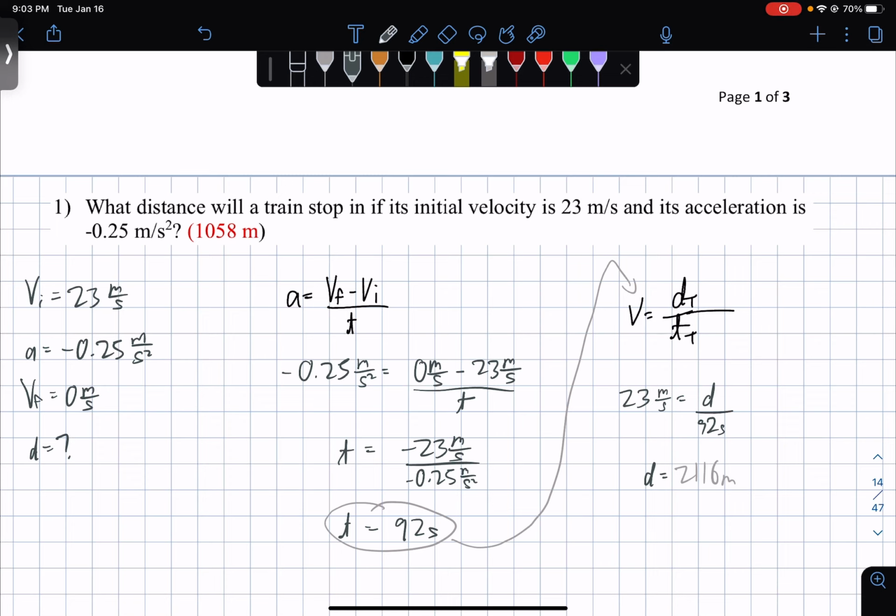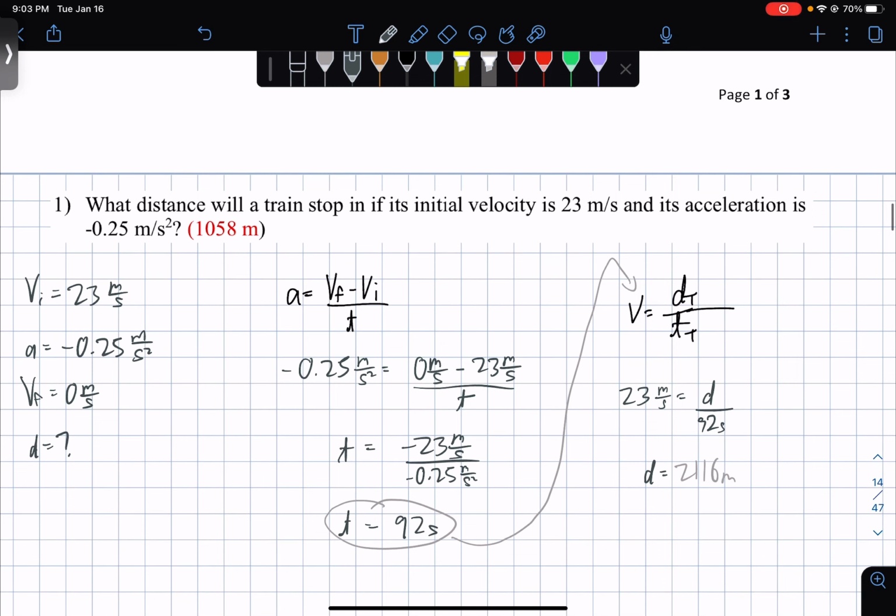Feel free to skip this part. I'll just figure out what's wrong.